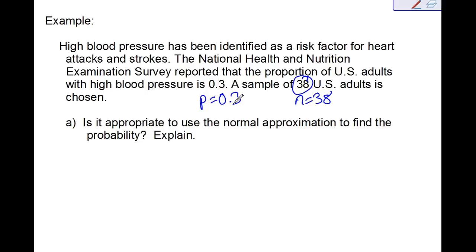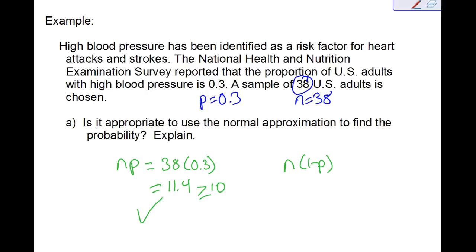And explain. So what it's wanting us to do is use that central limit theorem. So we want to do n times p and n times 1 minus p. So n times p is going to be 38 times 0.3, which is 11.4, and that's greater than or equal to 10, so that's okay.